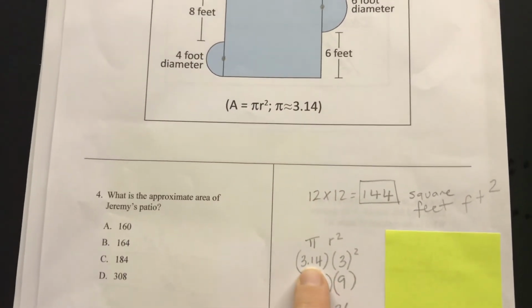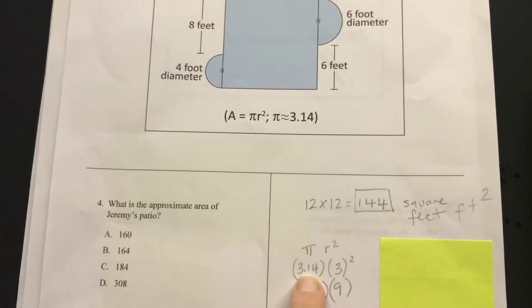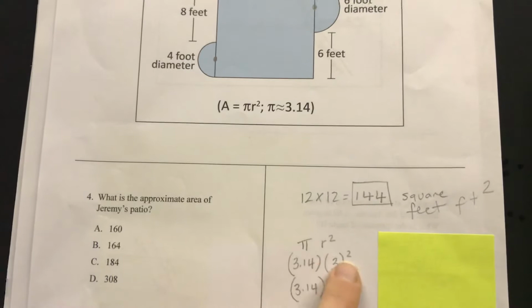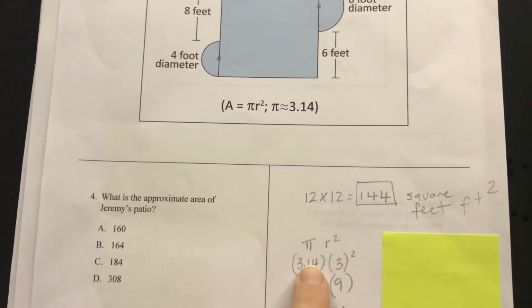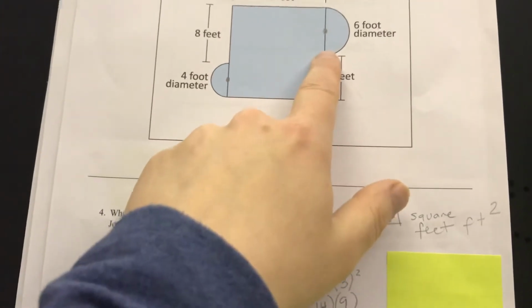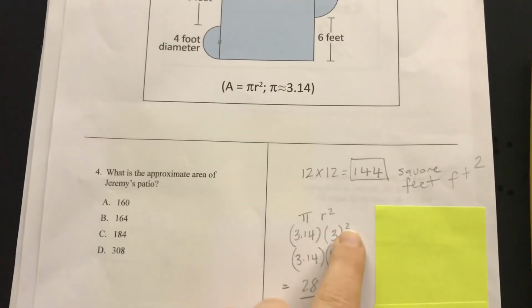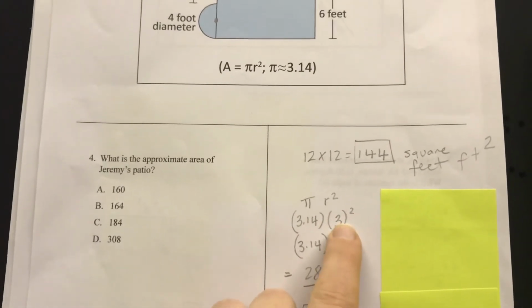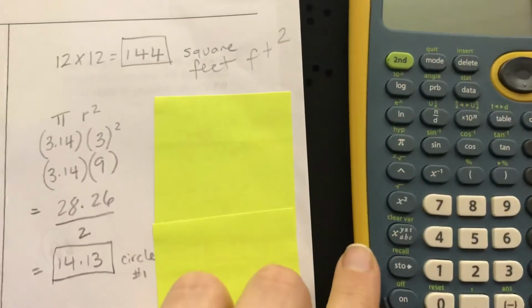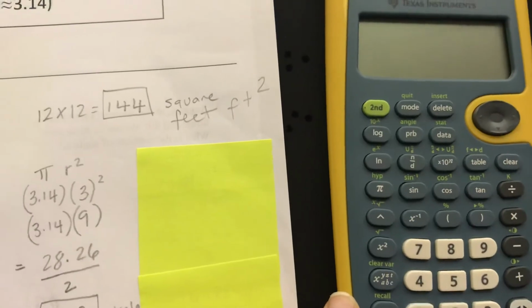It's always the same value, 3.14, times, and these parentheses here mean multiplication. So 3.14 times the radius, and I know my radius is 3, radius squared. So the radius squared means 3 times 3. And if I'm not sure about that, I can use the square button on my calculator.